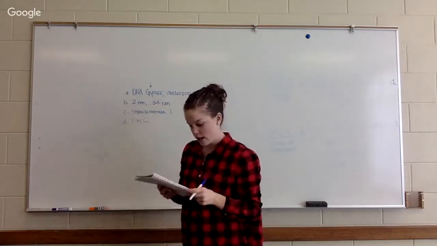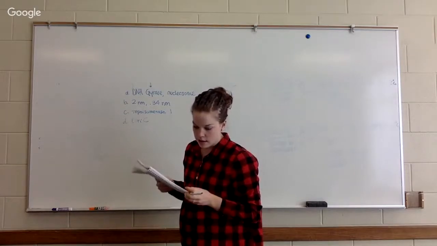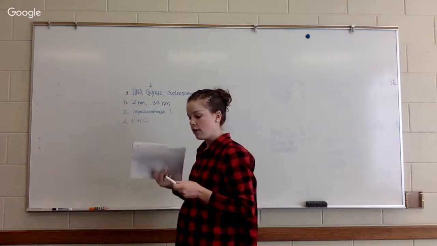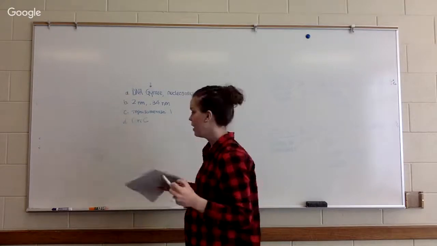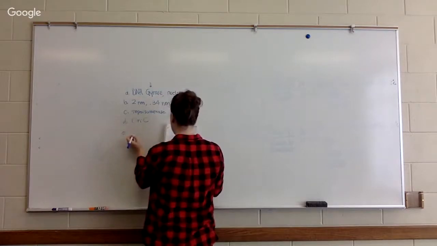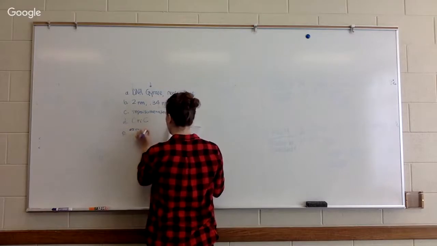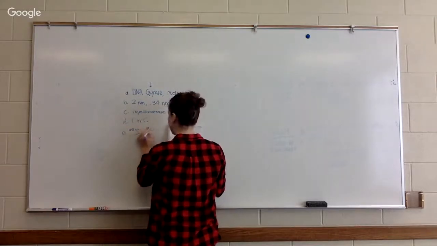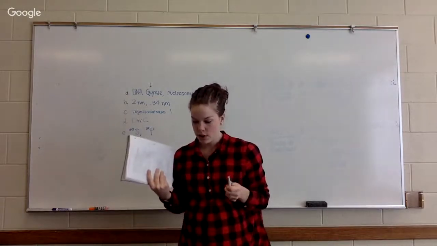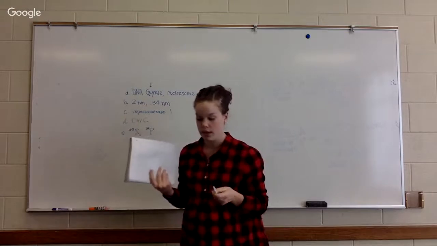And for E, it's asking which radioisotope was put on each of the protein and the DNA, and we know that the sulfur was put on the protein and the phosphorus was put on the DNA.